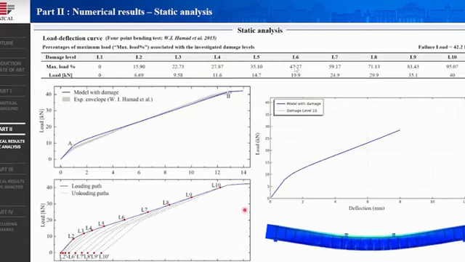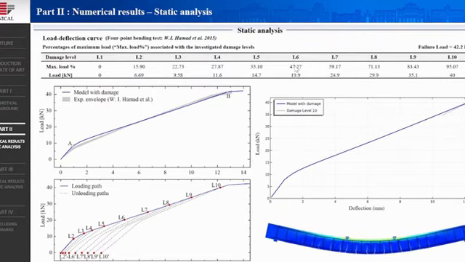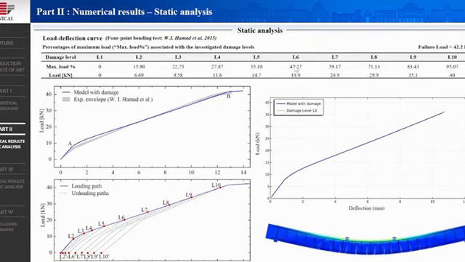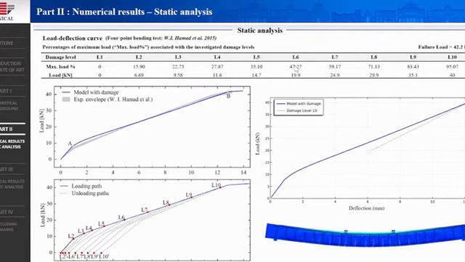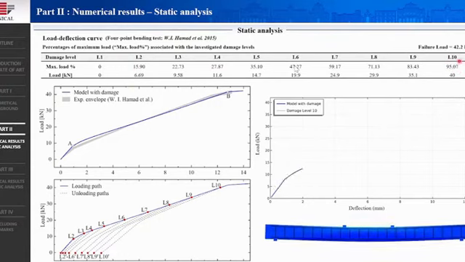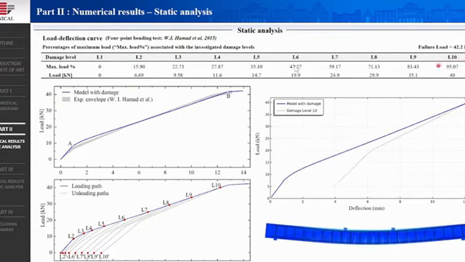In this slide, the results of the static analysis are reported, and 10 different damage levels are identified to investigate the degradation of the vibration characteristics for increasing damage level. The first one corresponds to the undeformed configuration, L1, and the last one corresponds to the 95% of the failure load, L10.